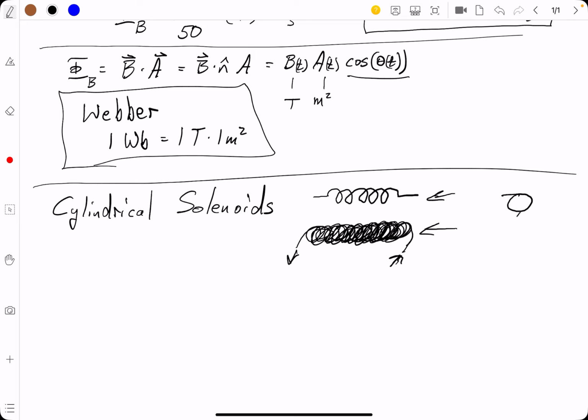I'm the only one. Okay, so we've got current going in here and coming out here. All right, so that would be our inductor. One is looking at it from one angle, one's looking at it from the other.